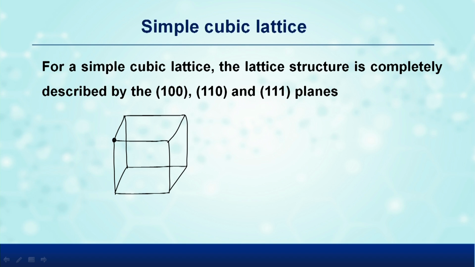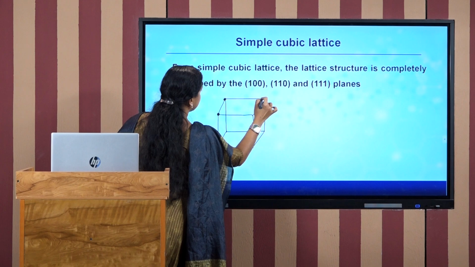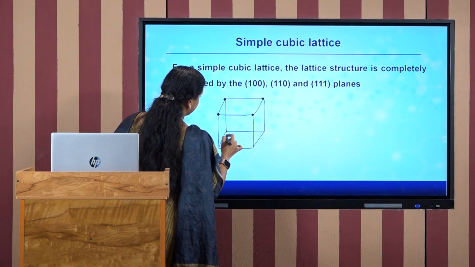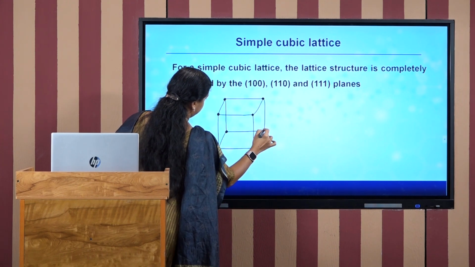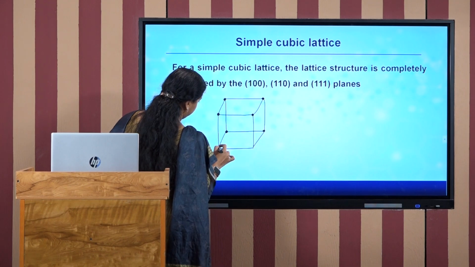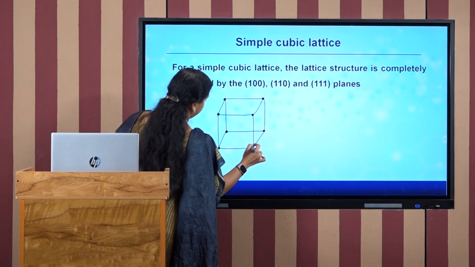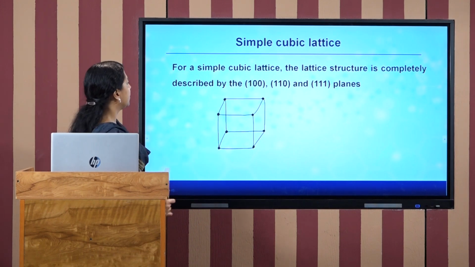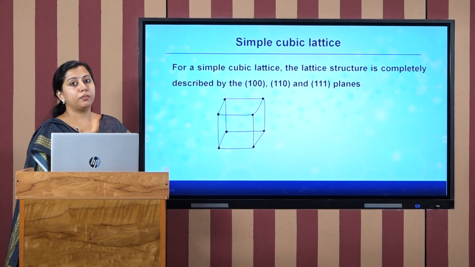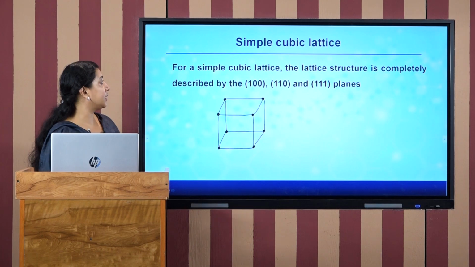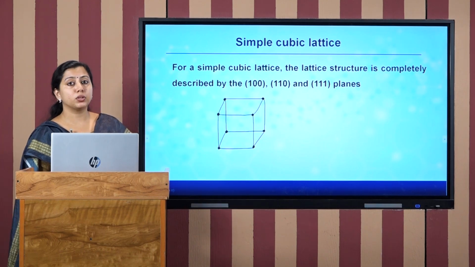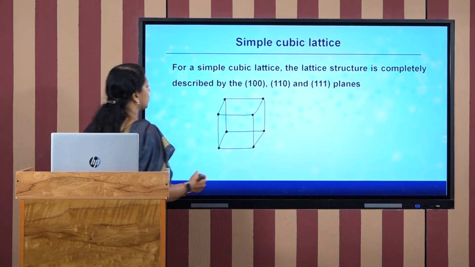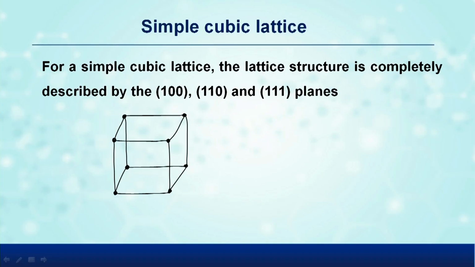So, the atoms will be present at the corners. Now, we have to represent a 1 0 0 plane. So, a 1 0 0 plane will be one which cuts the x axis and goes parallel to the y and z axis. So, we may represent it as this.